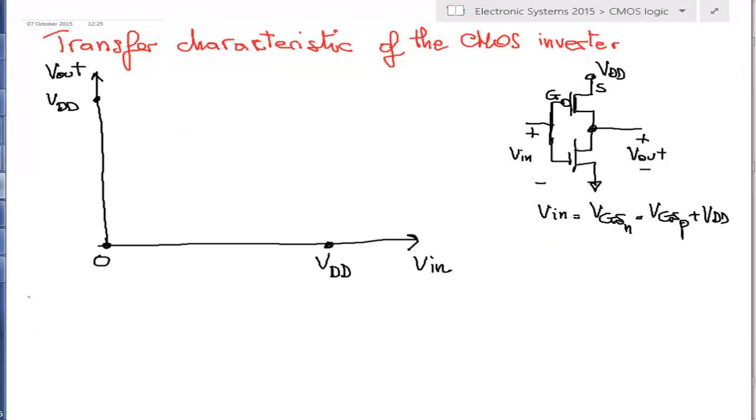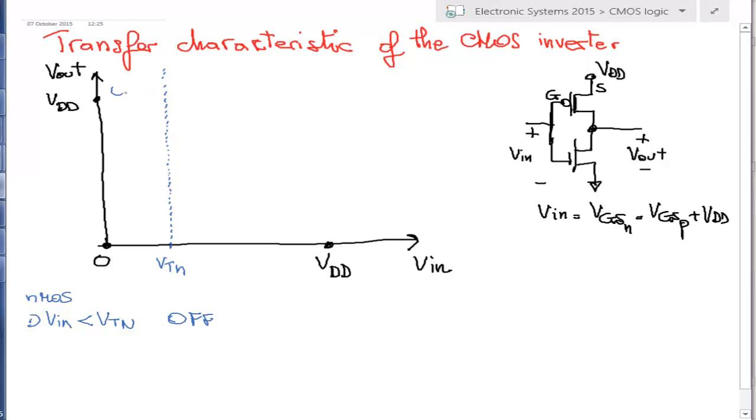For the NMOS, if V in is smaller than VTN, the NMOS is in the off state, right? So this is VTN. In this part of the quadrant, the NMOS is in the off state. Now we have to distinguish between saturation and ohmic region.